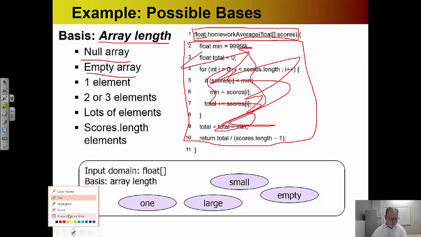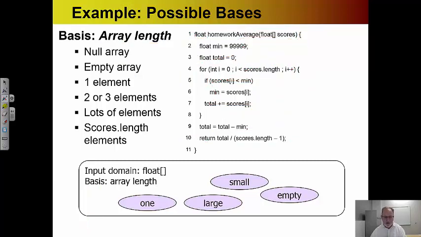All right, let me clean this up. Okay. So we're focusing on this, and we're saying, okay, null array, empty array, or an array of one element. What happens when you have an array of one element? What happens when you have an array of 2 or 3 elements? Again, something representative. What happens when you have lots of elements?